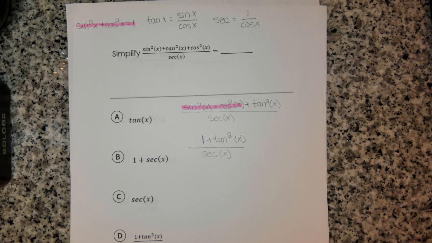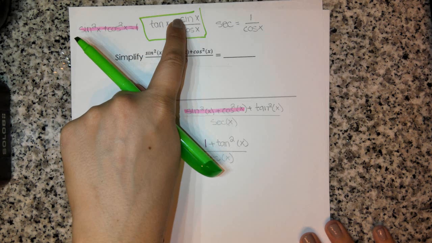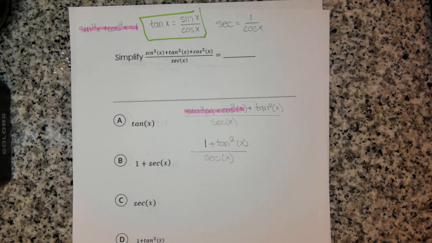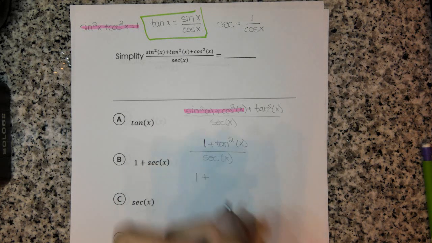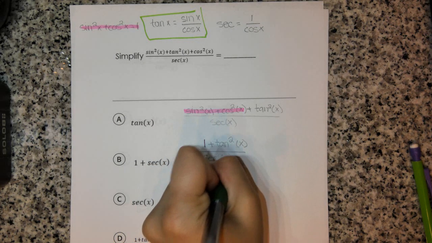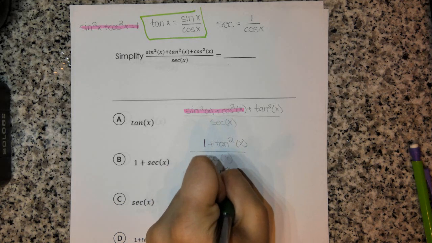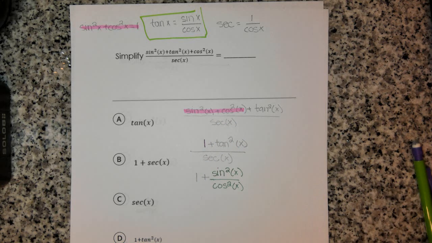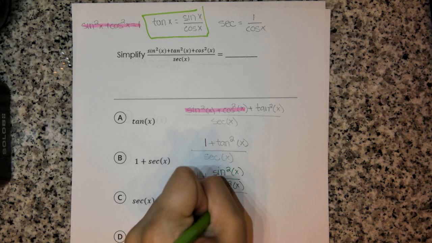Okay? Now from here, I'm going to use what we know about tangent and substitute it in. So that's this one right here. So tangent is equal to sine of x divided by cosine of x. So I have 1 plus, because it's tangent squared, it's going to be sine squared of x divided by cosine squared of x. And it's still all being divided by secant of x.